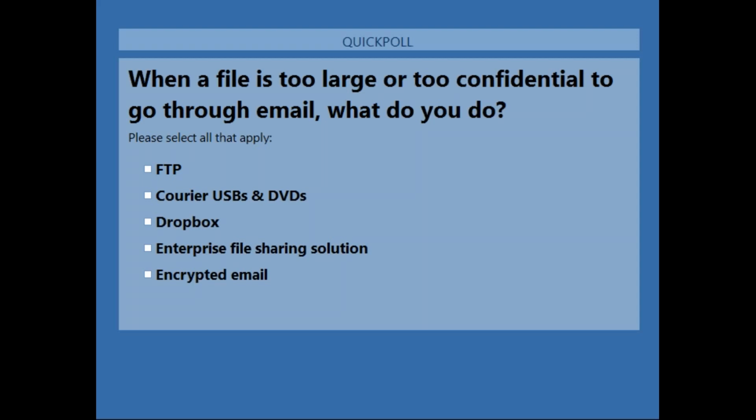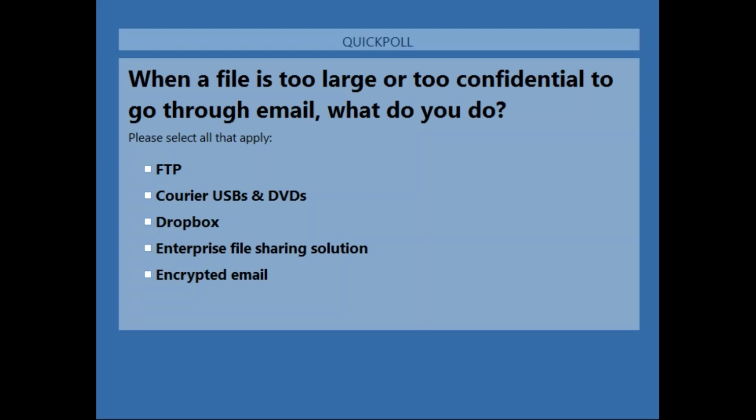So we're at about 60% of attendees voted. I'm going to try to get at least 75 so we get a good cross-section. So for those that haven't participated yet, I encourage you to go ahead and vote, make your selections, and then we'll share the poll results with everybody so that we see what everybody's doing in today's webinar.